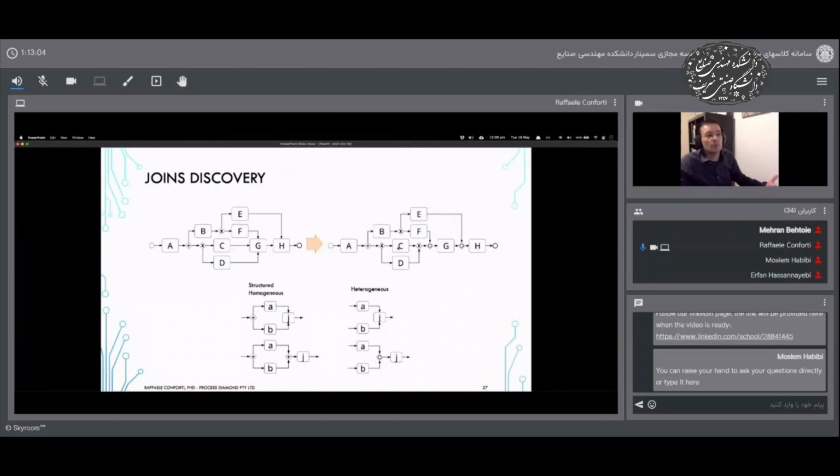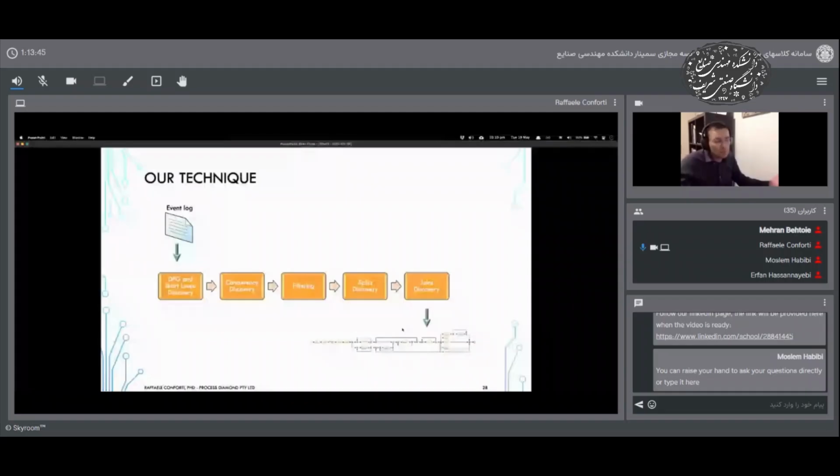Here we repeated this operation twice. We were able to identify a matching join for the XOR split. But then at this point, we were confused because if I go back, I have an AND split, but also an XOR split.